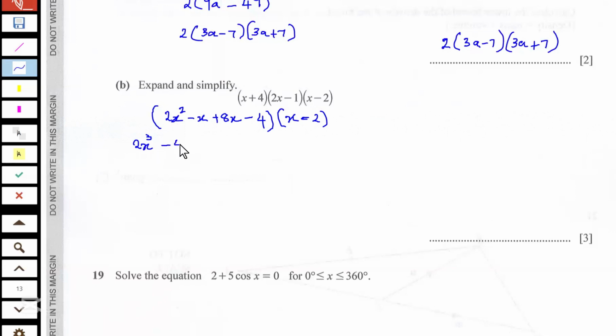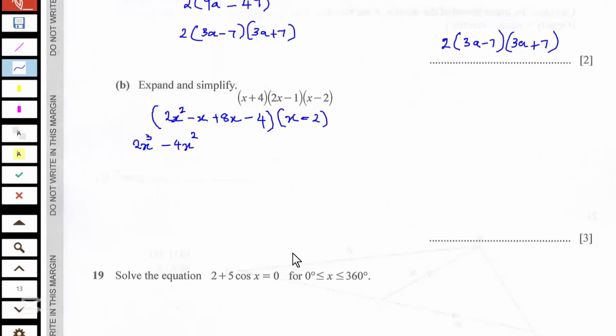Then we have x times negative x, x times x, x times x is going to be x squared.